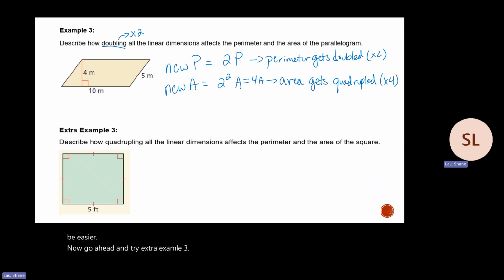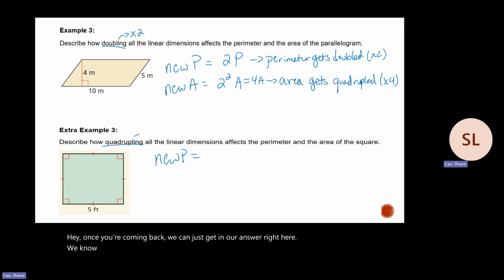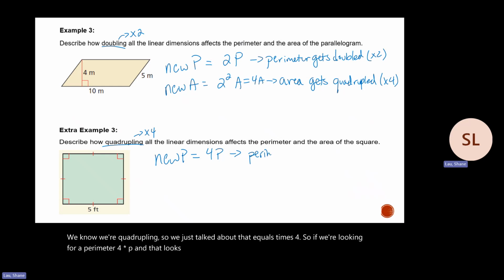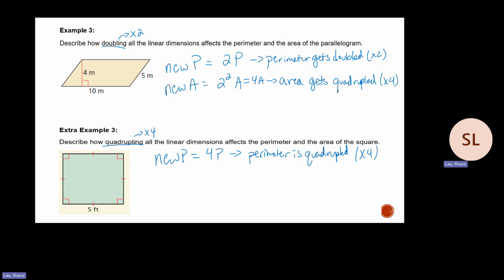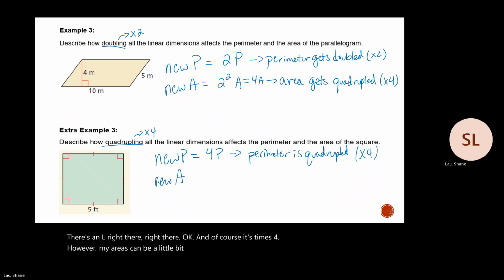And once you come on back, we can just get in our answer right here. We know we're quadrupling, so we just talked about that equals times 4. So if we're looking for a perimeter, 4 times P, and it's pretty simple for us to figure it out. Perimeter is quadrupled. And of course, it's times 4. However, my area is going to be a little bit different.